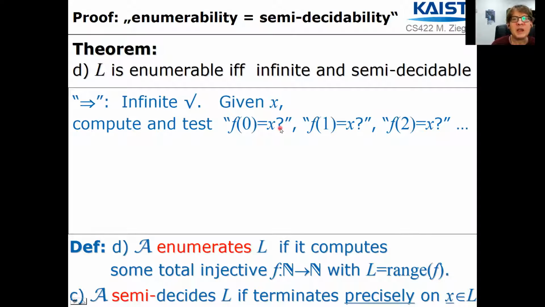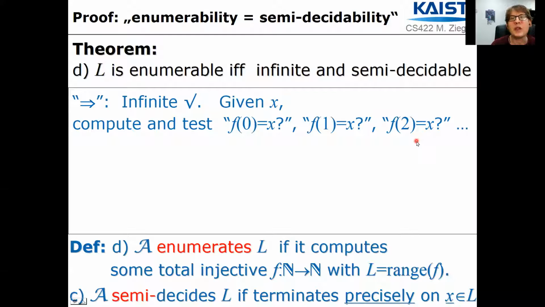We really can calculate f of 0 and then look at the output and compare it to the input of our algorithm. So our algorithm uses the algorithm computing f as a subroutine to repeatedly calculate f of 0, f of 1, and for each one, compare the output of that computation with the input x that we have received.